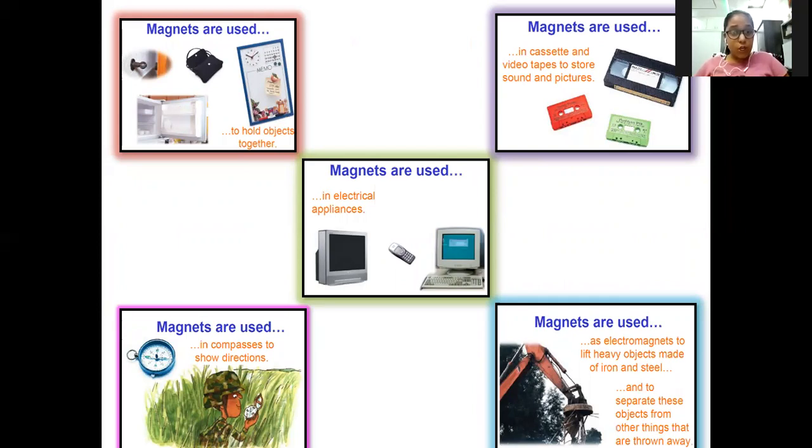Magnets are used to hold objects together. Magnets are used in cassettes and videotapes to store sound and pictures. Magnets are used in electrical appliances. Magnets are used in compasses to show directions, and magnets are used as electromagnets to lift heavy objects, as we saw in the uses of electromagnets.